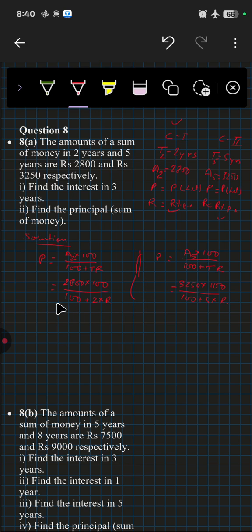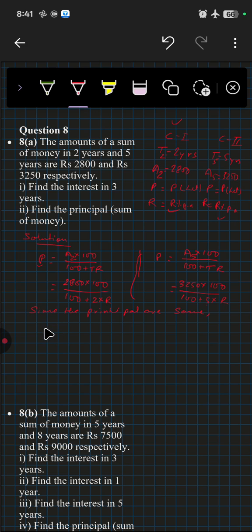Now moving ahead, this is also principal, this is also principal. Since the principals are the same, we can equate them. Same means equal.